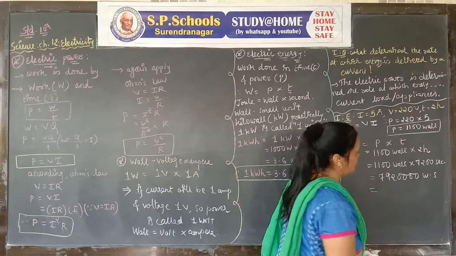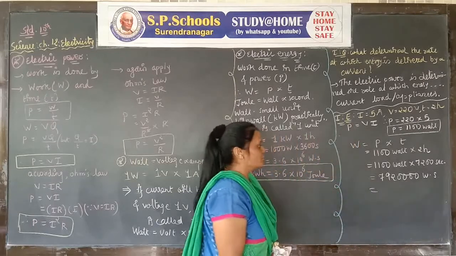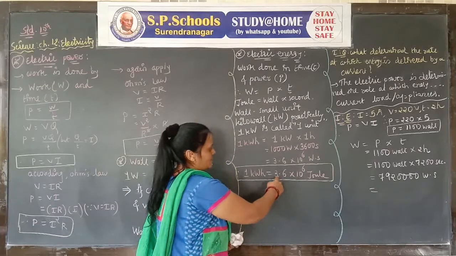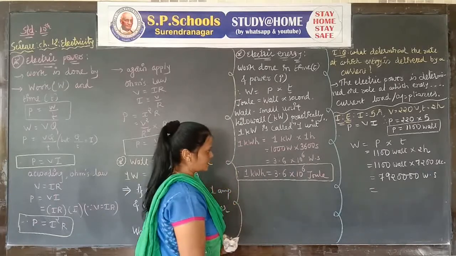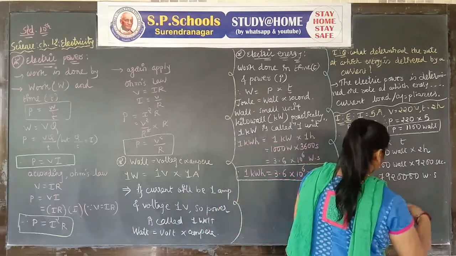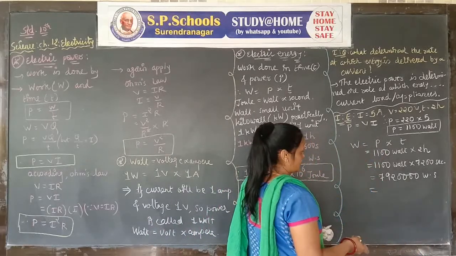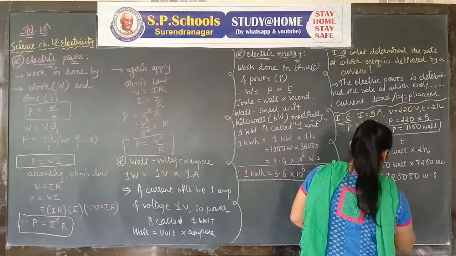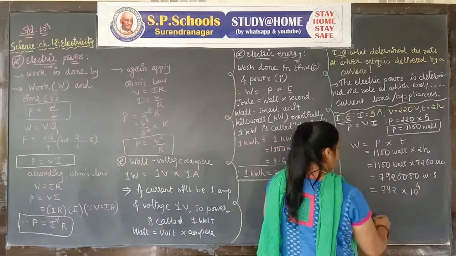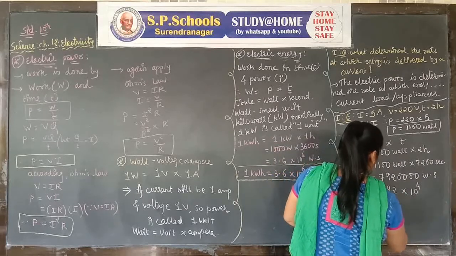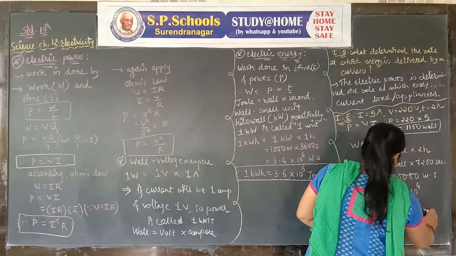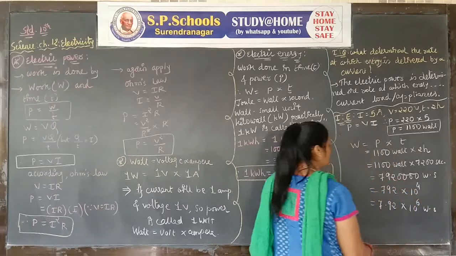We write it in powers of 10 raised to 6, so we write it as 7.92 into 10 raised to 6 watt into second.